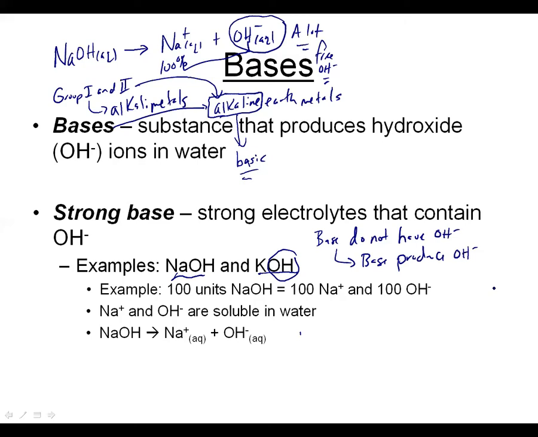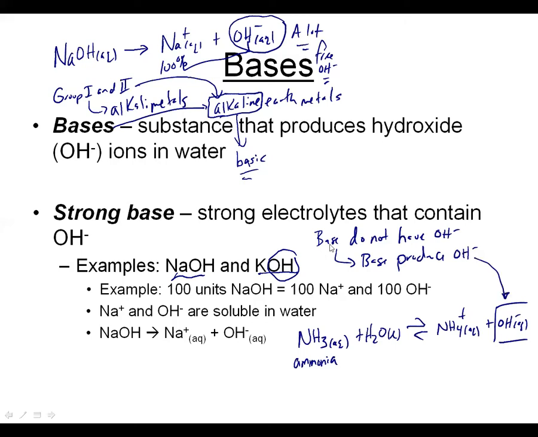When ammonia is in water, it will produce NH4 plus, which is ammonium, and it will produce hydroxide. Because it's able to produce hydroxide, it is still considered a base, even though it does not have OH in the actual formula.